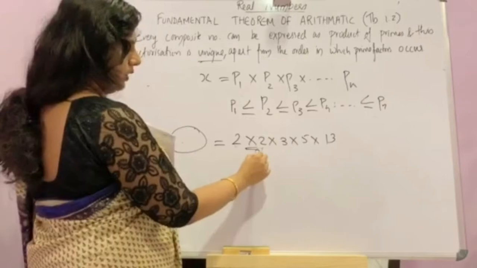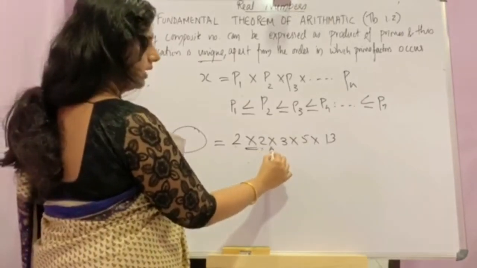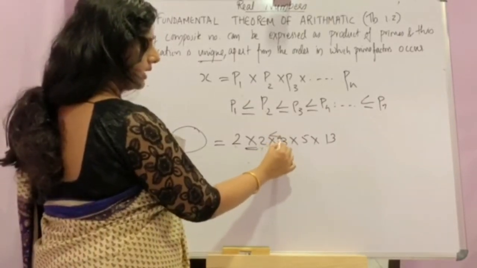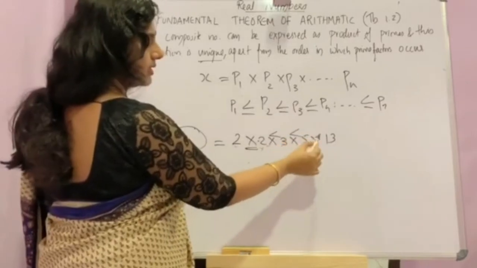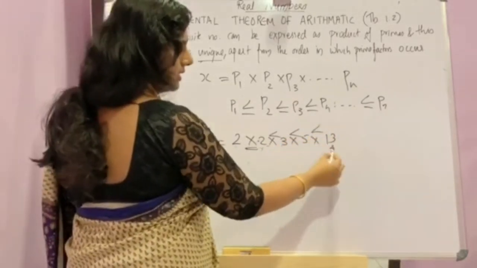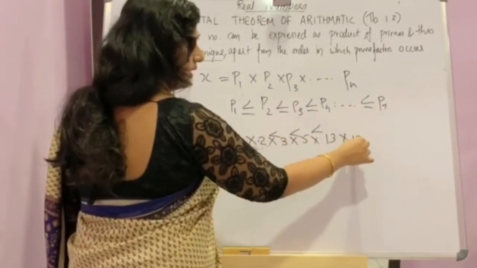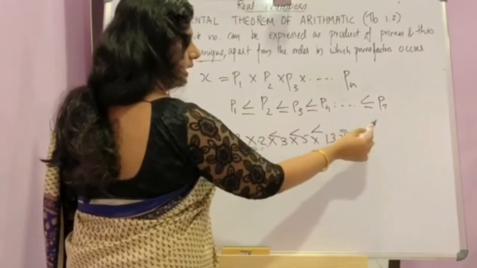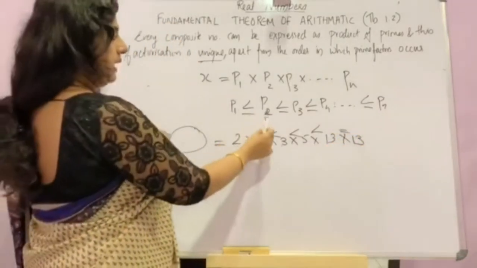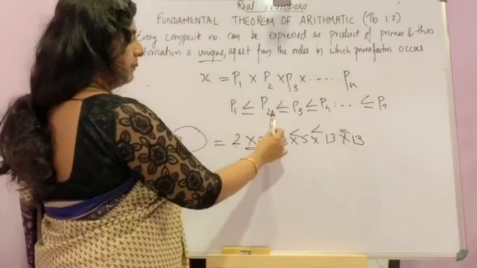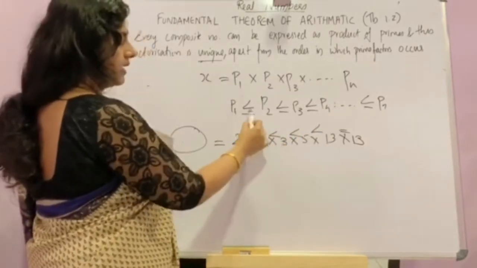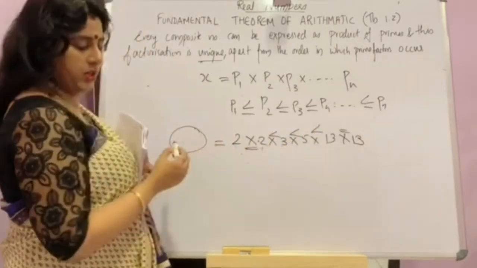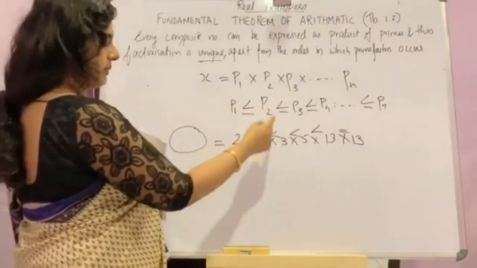Here it is equal to. But here it is not equal, it is less than. Here it is less than. Here it is less than. If it is here, then we can say this is equal to. So the relation between the primes is that each will be less than or equal to the next. That is what is mentioned here.